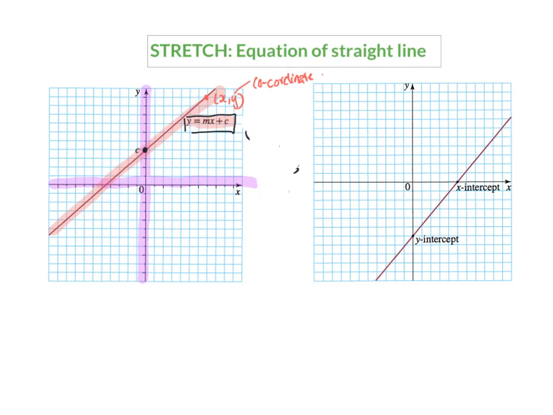I'll write down a few examples to show you. You could have y equals -2x plus 2, or y equals x plus 5, or y equals 7x minus 10, and things like that. Can you see that they're following this?